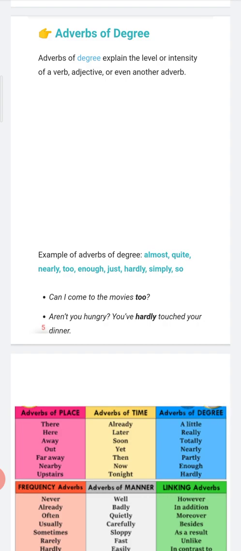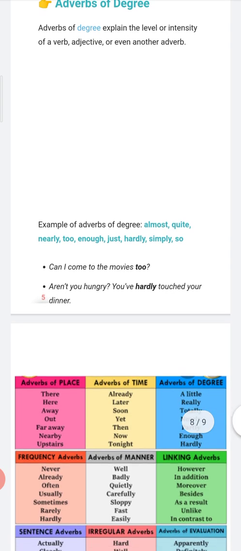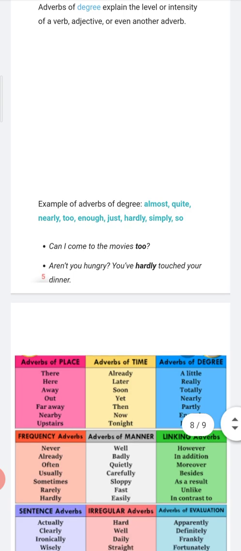Then you can take the example for an adjective. The movie is interesting, that is an adjective. The movie is quite interesting. So quite is modifying the adjective. In the same way we can modify a verb also. You are walking too slowly. The person is walking, he is doing some action, the verb is there, but then the person is walking slowly, which is an adverb.